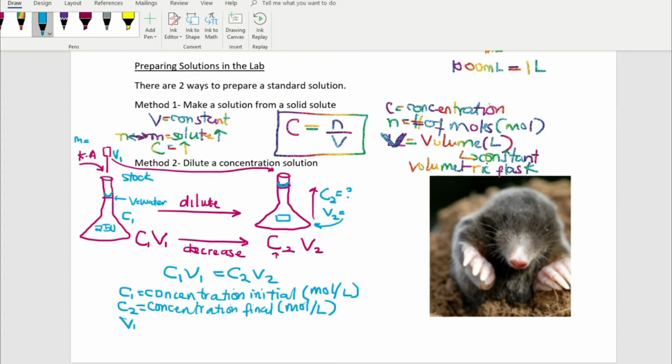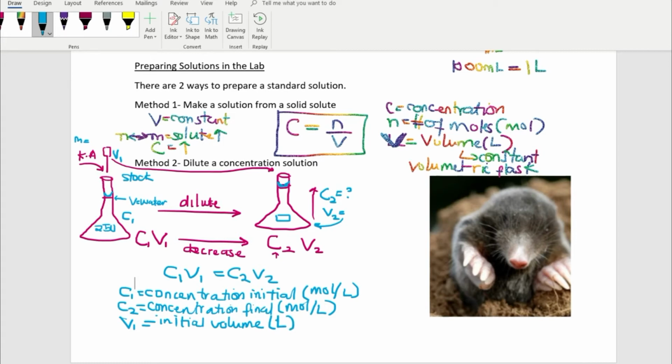Then V1 is the initial volume, which is how much volume you took out of the stock solution, measured in liters.